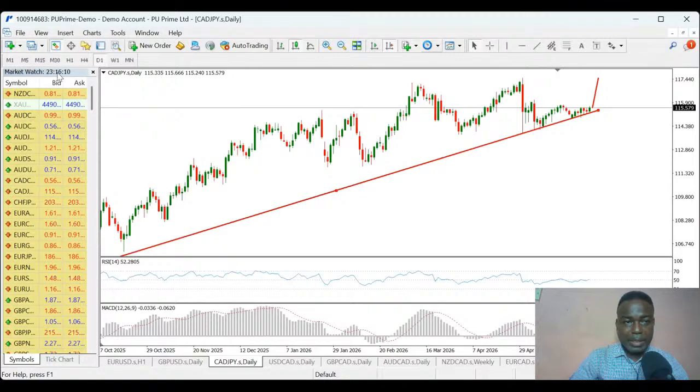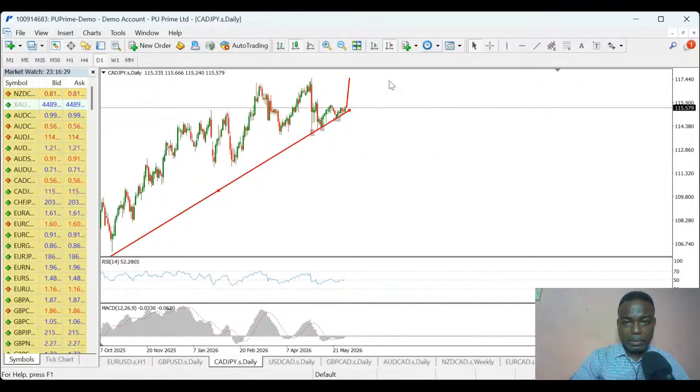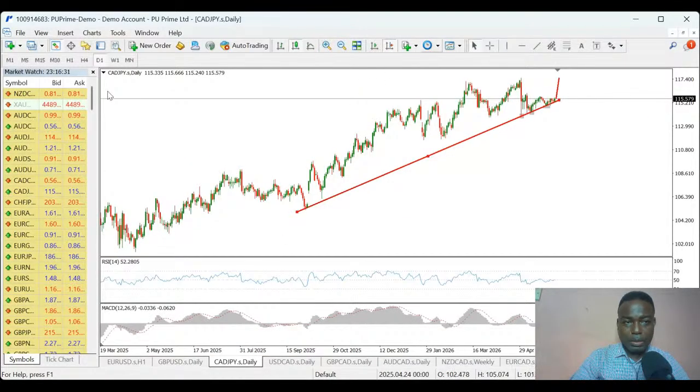We have a higher low here, another higher low here, another higher low right here, and previously we also had a higher low just right here. So we can see that the next wave of movement on this instrument should be an upward movement.